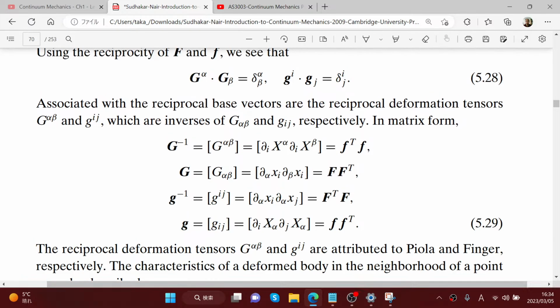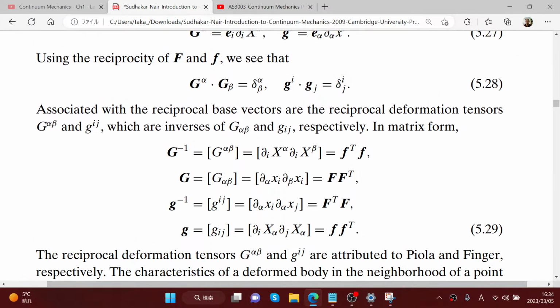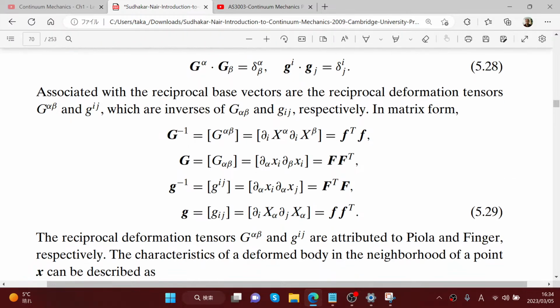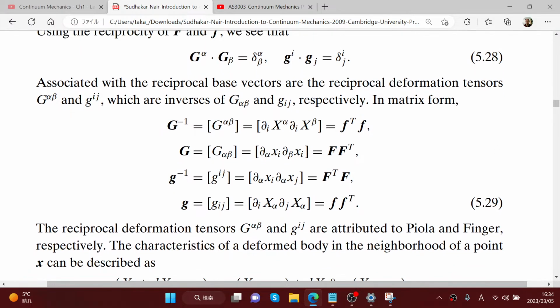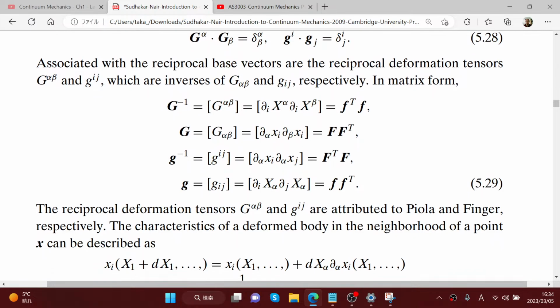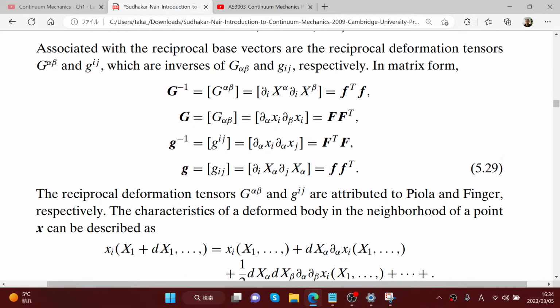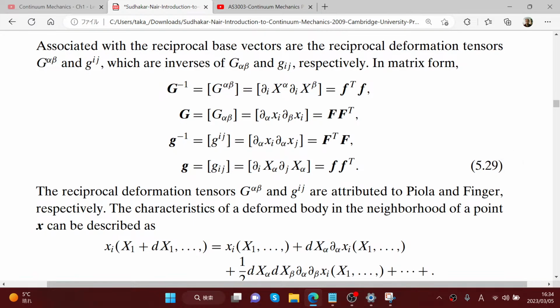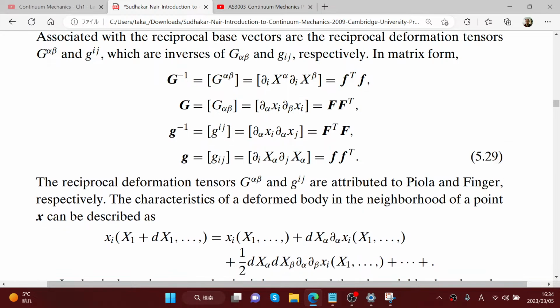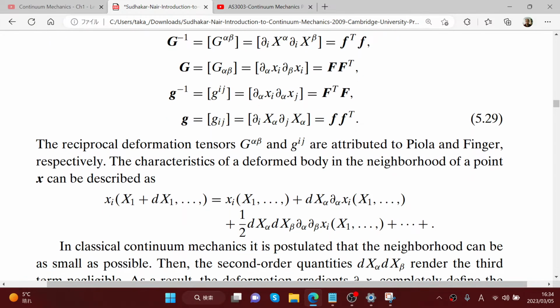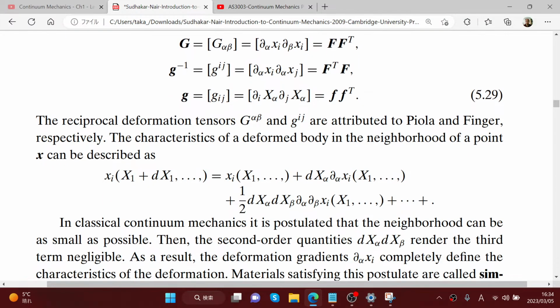Associated with the reciprocal base vectors are the reciprocal deformation tensors G alpha beta and Gij, which are inverses of G alpha beta and Gij respectively in matrix form. Matrix form G inverse is something like this, G is something like this, small g inverse is something like this.